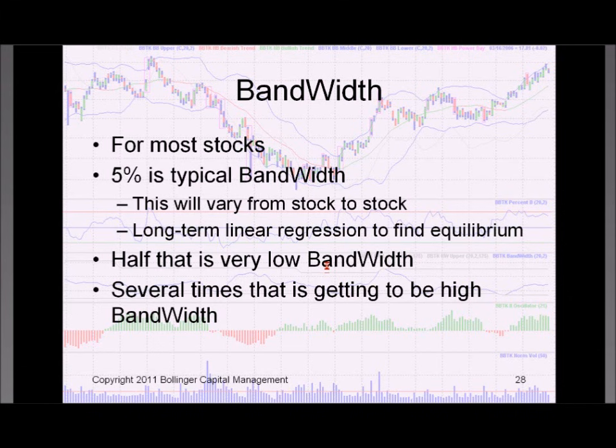And whatever the level of the linear regression, and I do mean a long-term linear regression, say something that covers a couple of years worth of daily data, that'll give you a really good sense of what the normal value for bandwidth is. Whatever that is, half of that is very low bandwidth, and several times that, say 3 or 4 times that, is pretty high bandwidth.